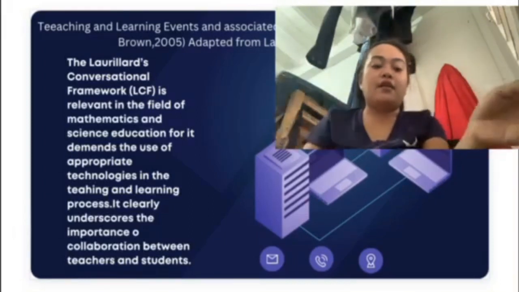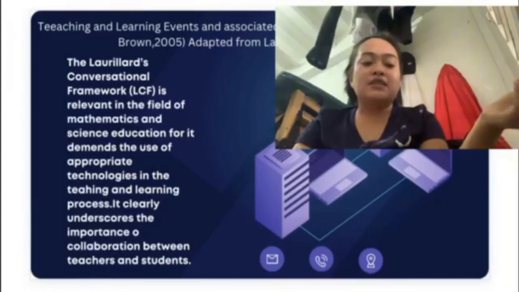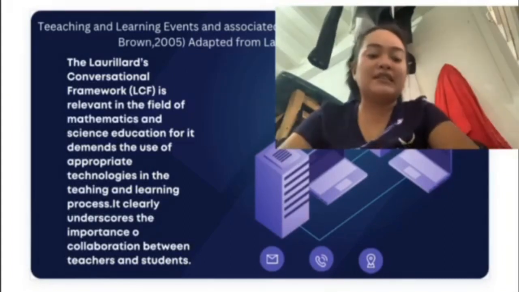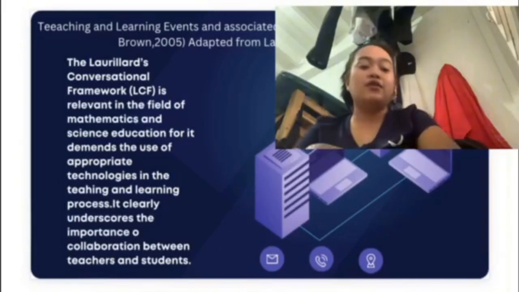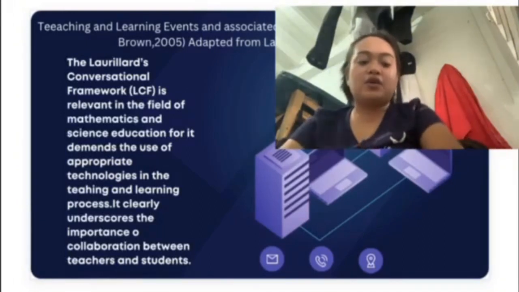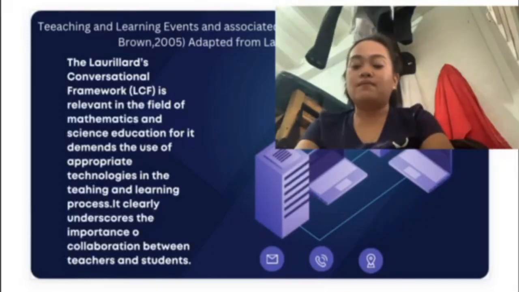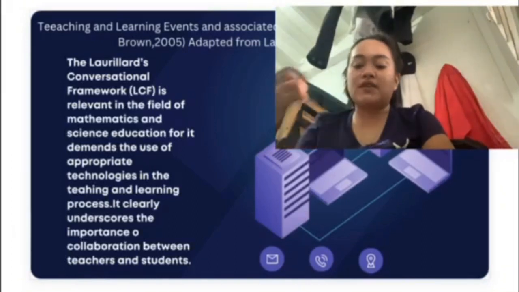So, the Laurillard's Conversational Framework, or LCF, is relevant in the field of mathematics and science education, for it demands the use of appropriate technologies in the teaching and learning process. It clearly underscores the importance of collaboration between teachers and students. It emphasizes the importance of dialogue and interaction in learning.